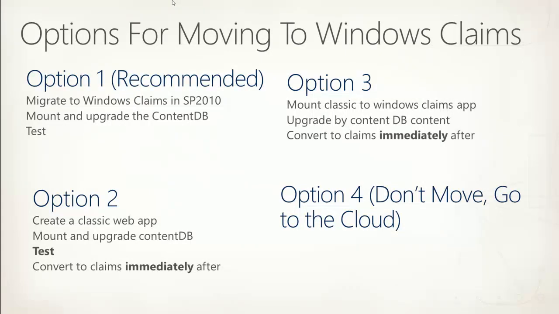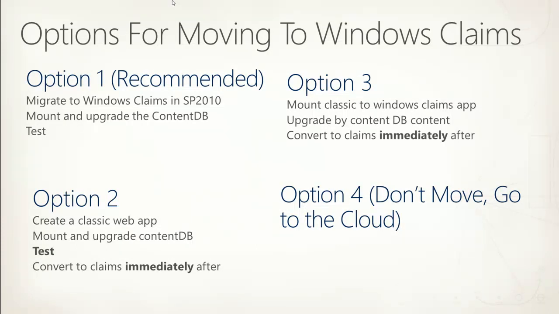Option number 2 is we can create a classic web app in SharePoint 2013 and mount our content database to that. We have to do that through PowerShell. It's not enabled in the UI, but we do have a PowerShell that can do that, and then you could attach a database to it. Option number 3 is mount the classic mode into a Windows claims app in SharePoint 2013. So create a SharePoint 2013 web app and then mount the classic mode to that.